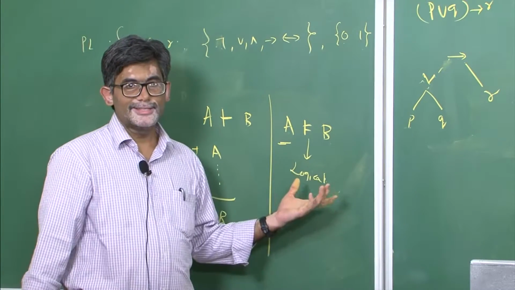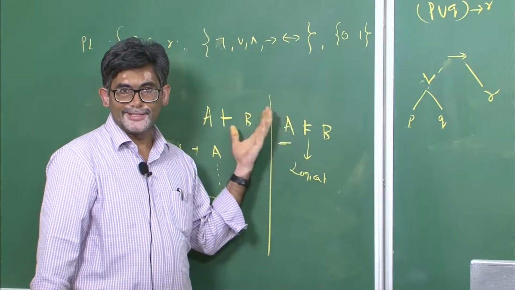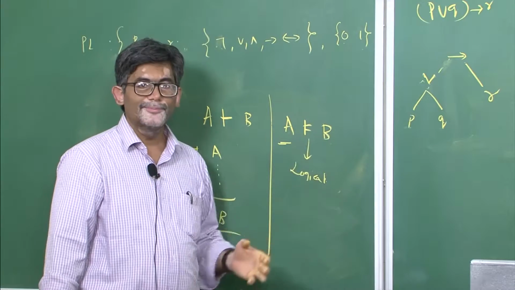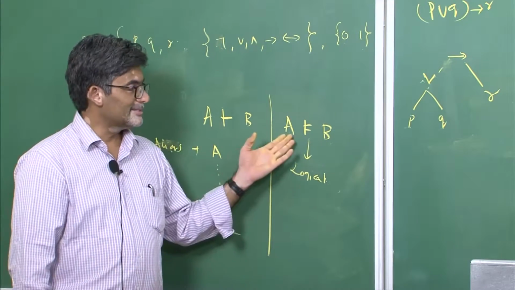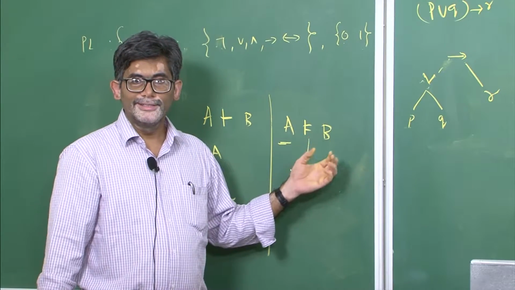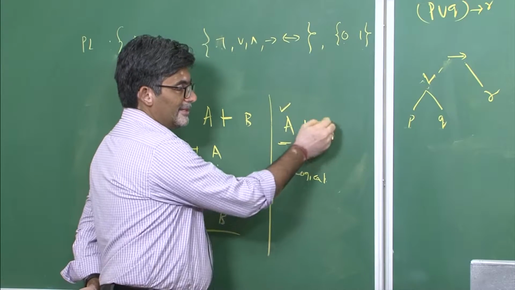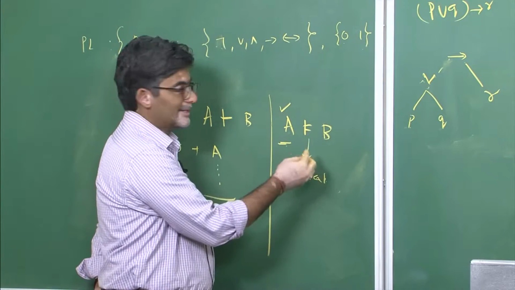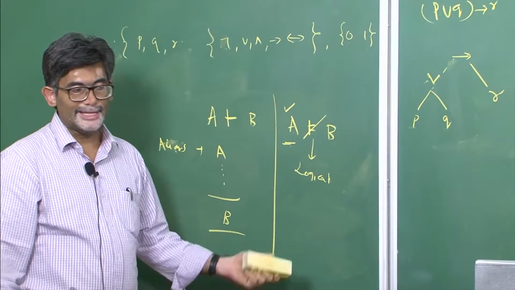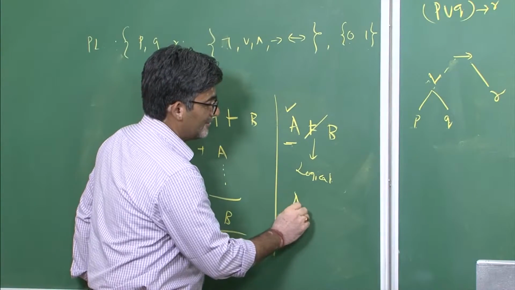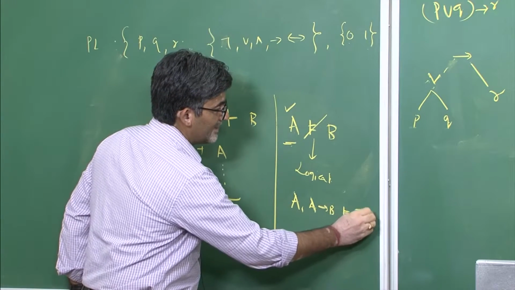The idea is that the left hand side has the premises and this is the conclusion. In any valid argument, if the premises are true, the conclusion cannot be false. If you come across a situation where A is true but B is false, then B is not a logical consequence of A. For example, if you have A implies B, from that if you say not B.